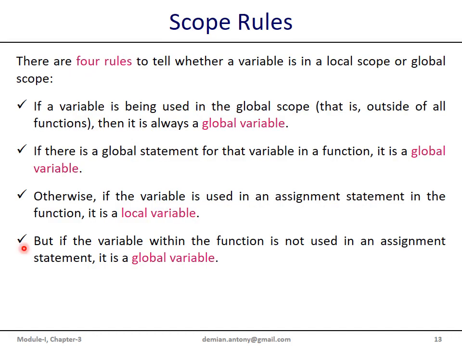Let us summarize the scope rules. The variable that is defined or used in the global scope is called a global variable, and you can modify the global variable within a local scope with the use of the global statement.